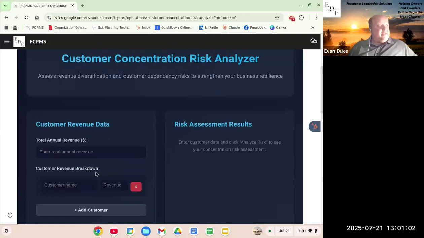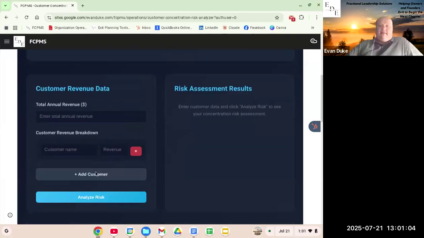Let's say our business is worth $5 million, but we have one client who does $2 million worth of business. Well, this risk assessment would flag immediately, saying this is a very high risk, because one client is holding 40% of your business. This is not a good situation. You need to diversify.